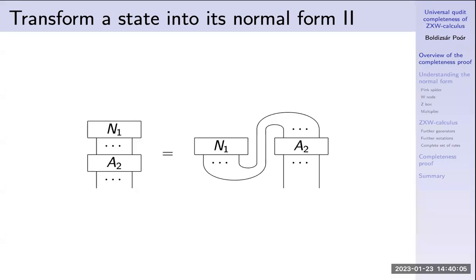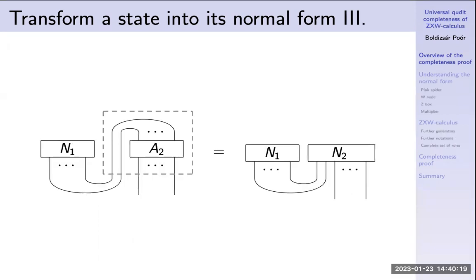Then we bend the top of this general diagram so that A2 is now in a state form. Then we transform A2 into normal form. A2 is again a generator, but these generators are bent into state diagrams.